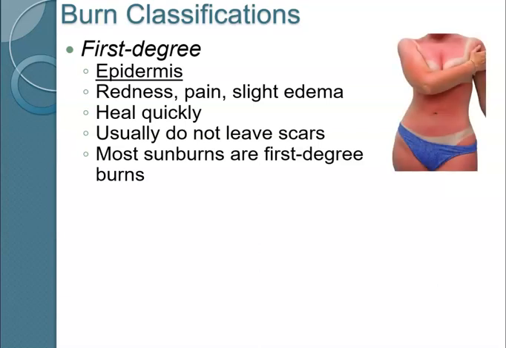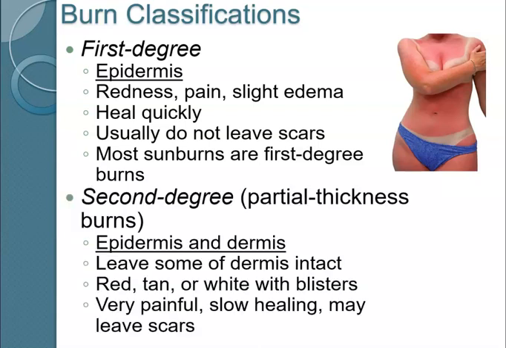While second degree burns, so here you can see normal skin, and then first degree burns, a pinkish reddish discoloration. Second degree burns are sometimes called partial thickness burns. They have gone beyond the epidermis into the dermis. One sign of that is if it blisters.